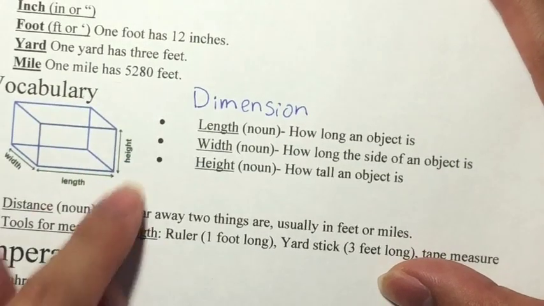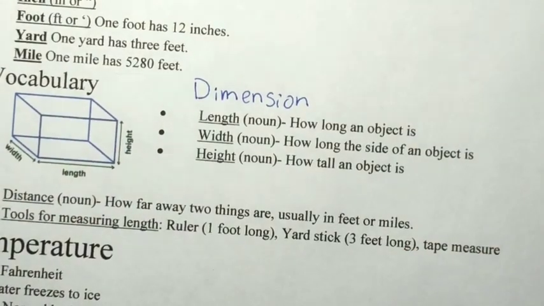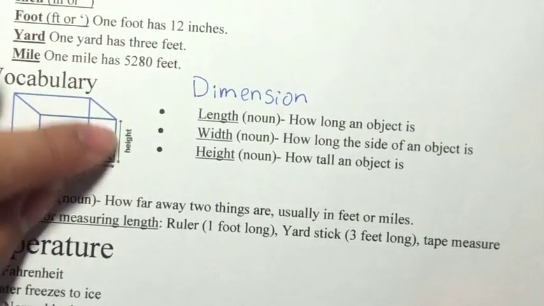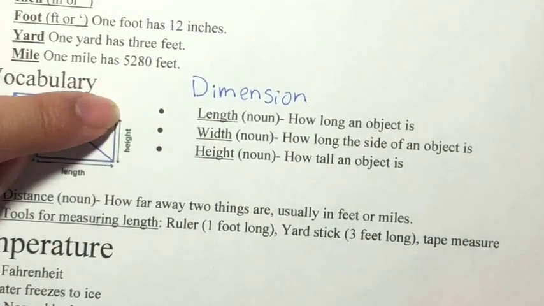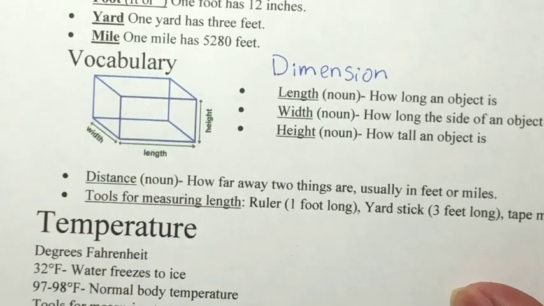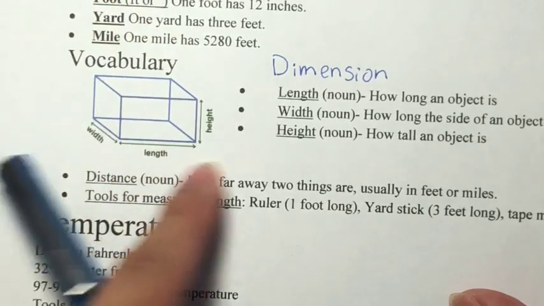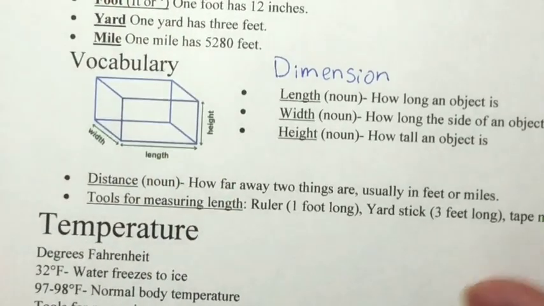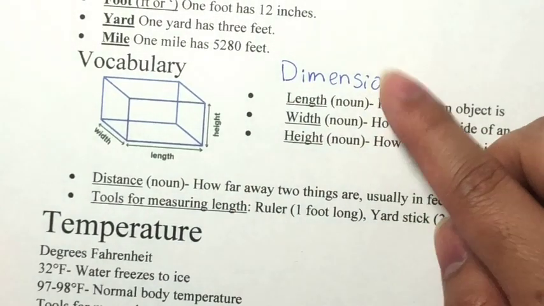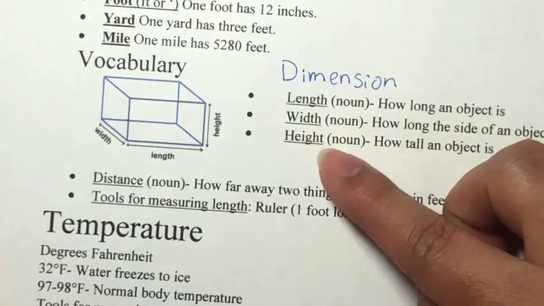So what are the dimensions of this box? Let's say the dimensions of this box are 1 foot high, 2 feet long, and 1 foot wide. That's the dimensions of the box. So the dimensions are the length, the width, and the height.